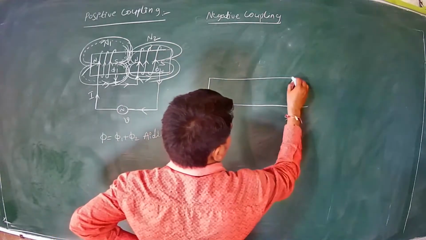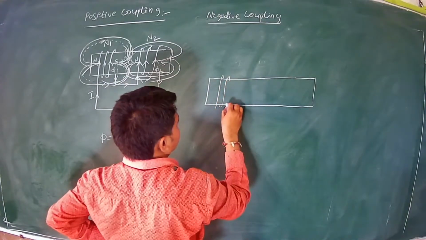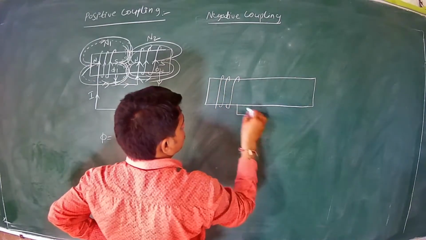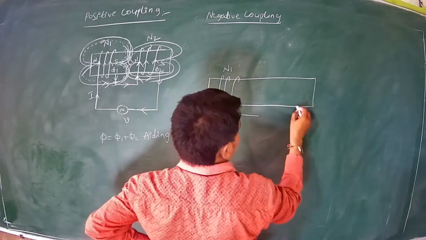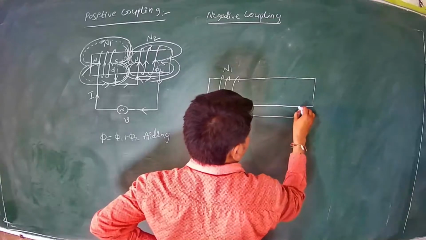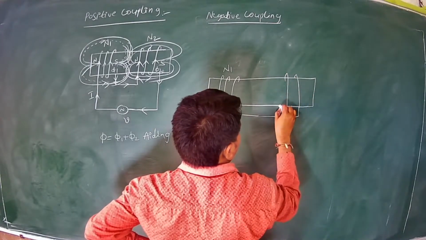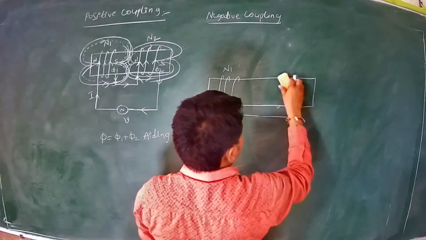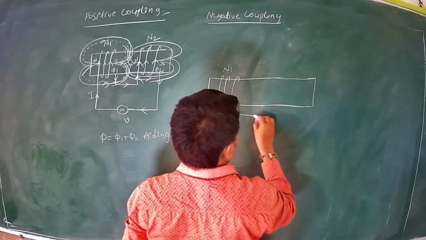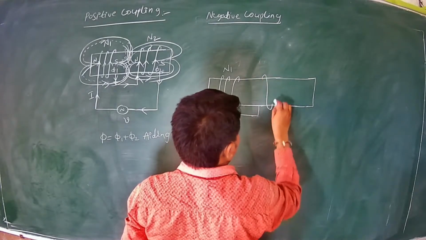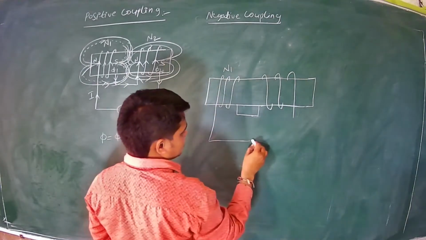Taking the same magnetic core, it has two coils, one having N1 number of turns, and the other coil like this. So this is the connection.